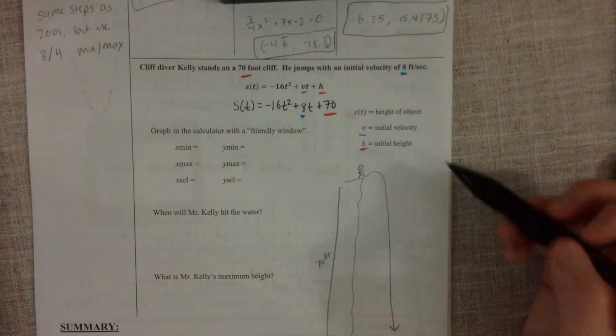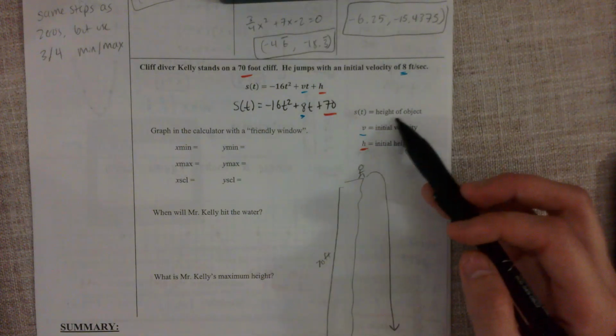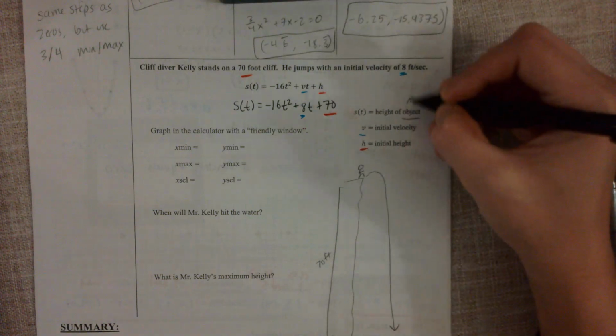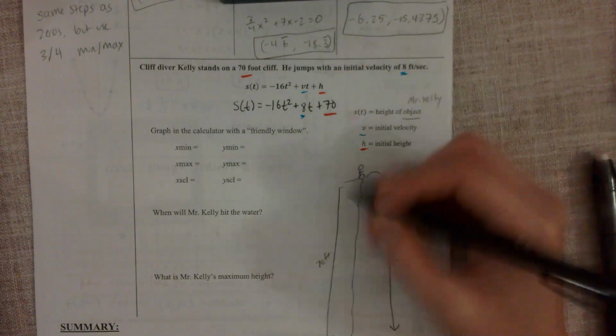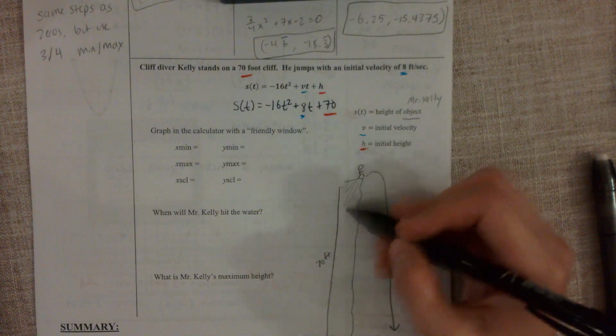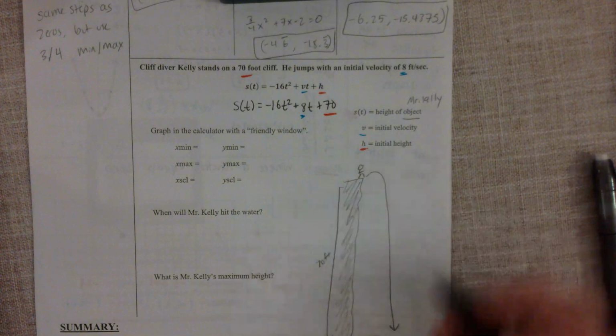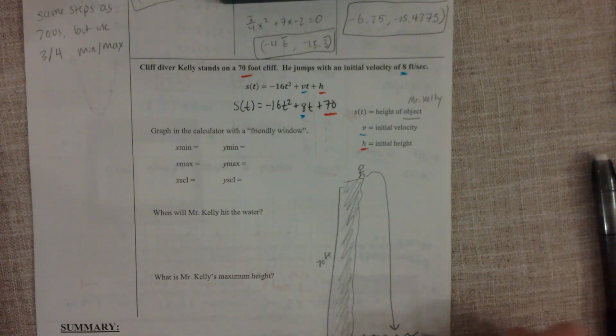Right? The object is Mr. Kelly, so we don't know where he is. We don't know how long it's going to take him to get to certain points in the air. Let's make this water so that he survives.